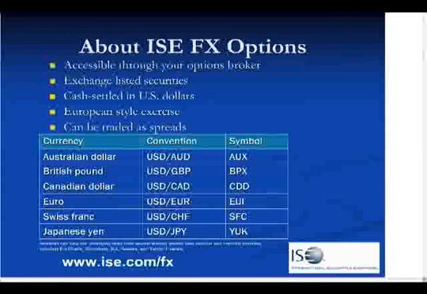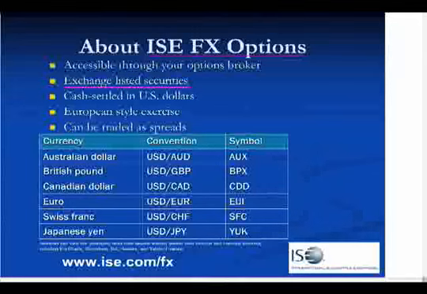When we talk about the ISE FX options, there's a number of vehicles, and there are really 6 major ones that I like to focus on. I know that they're always looking for new opportunities, but the beautiful thing about this is we're dealing with exchange-listed securities.